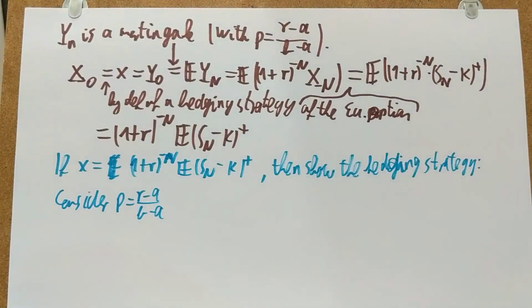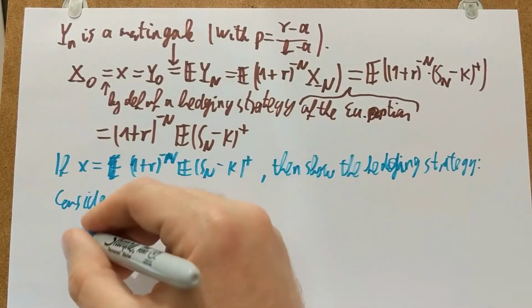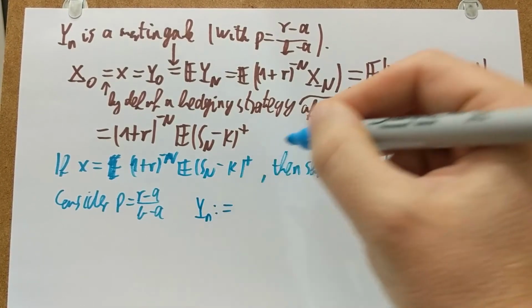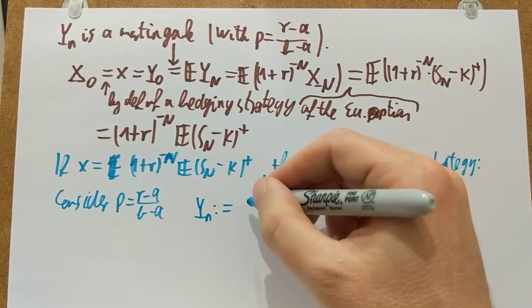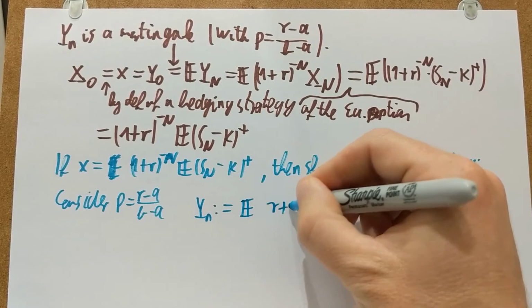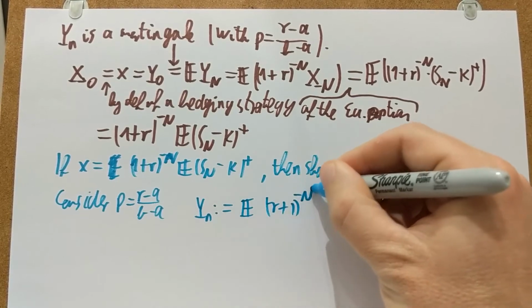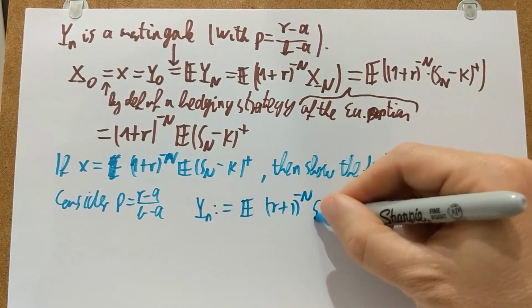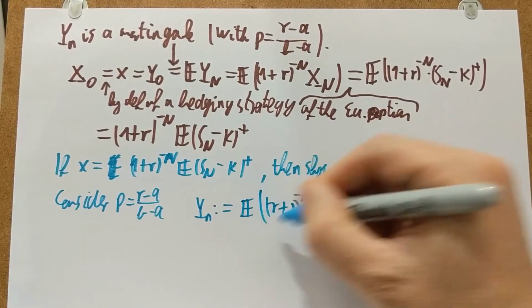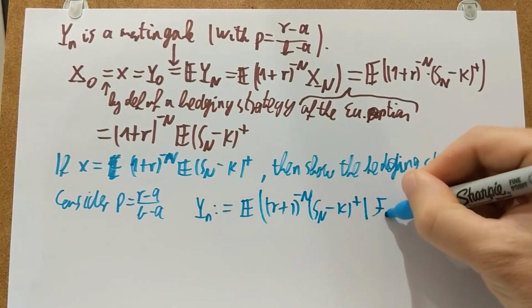According to that probability space with this probability value, we can build up a martingale, namely Yn is going to be the expected value of 1 plus R to the minus n times Sn minus k positive part, given Fn.